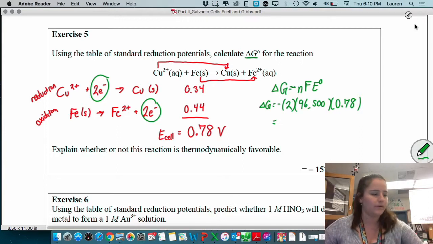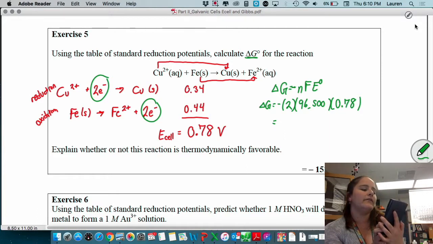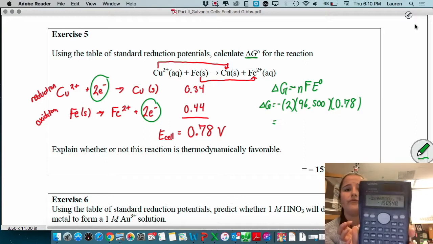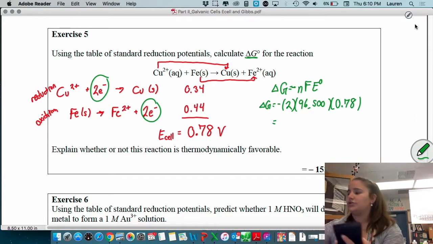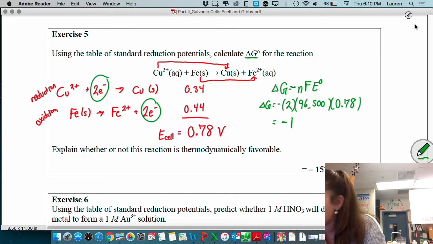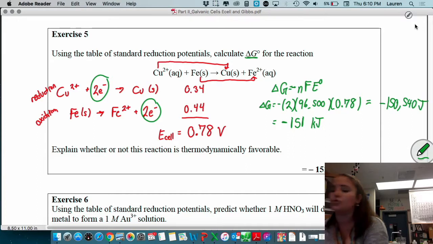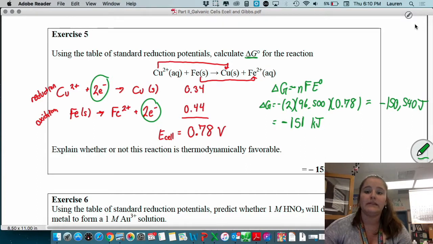We plug that into our calculator: negative 2 times 96500 times 0.78, and you get negative 150,540, which I would round and convert to kilojoules, so negative 151 kilojoules. But again, when I plugged it into my calculator, negative 150,540, and that will be in joules because Faraday's constant is in joules.